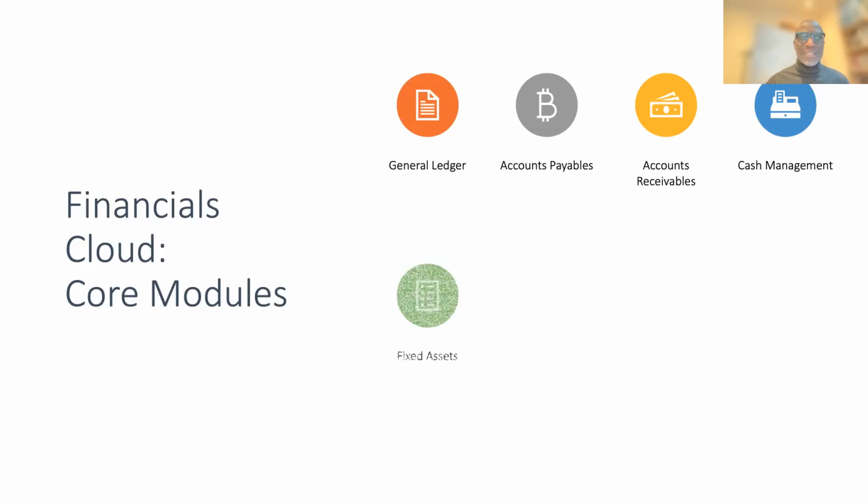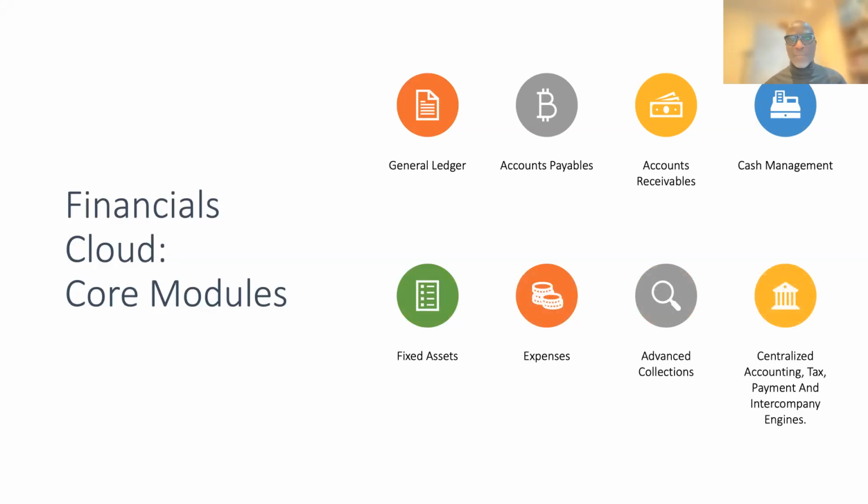And then you have fixed assets, you have expenses, you have advanced collections, and then you have other areas like tax, payments, intercompany, centralized accounting. Some of this we'll be covering, but out of scope for this course are fixed assets, expenses, advanced collections. And there are reasons why I'm not including them in this course, and it's because of the length of time that it will take. Otherwise, we'll not be able to finish the core of what we want to do within the course.